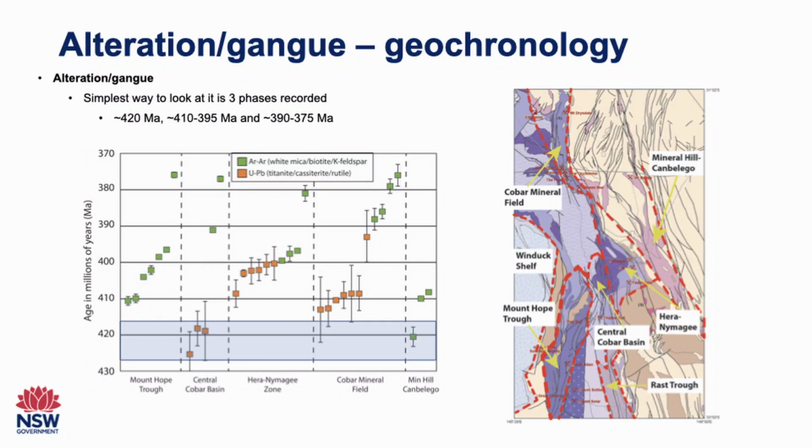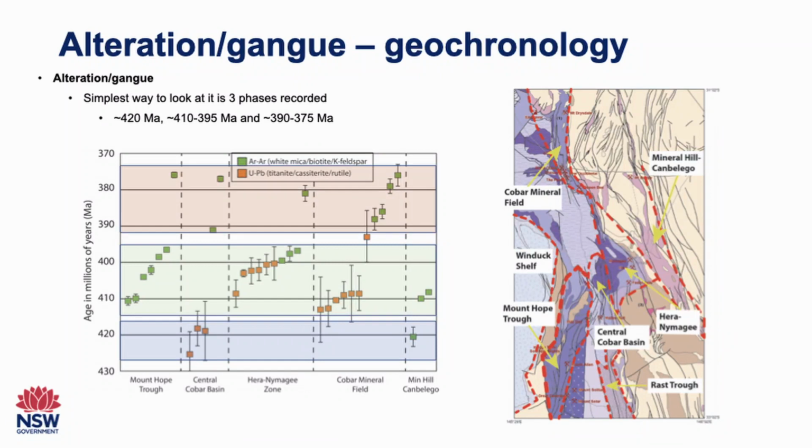So the easiest way to think about this is three systems. So we've got the old ages that we're seeing in mineralisation that are associated potentially with volcanism. So we said our magmatism was around 420 MA, and we are seeing an expression of those ages. But then we've got this big zone, which includes a lot of the main mineralisation in Cobar that sits somewhere between 410 million years and 400 odd million years.